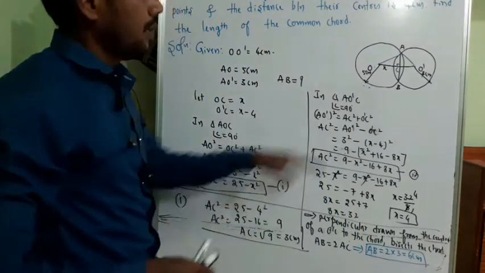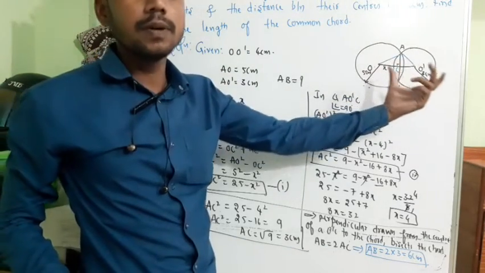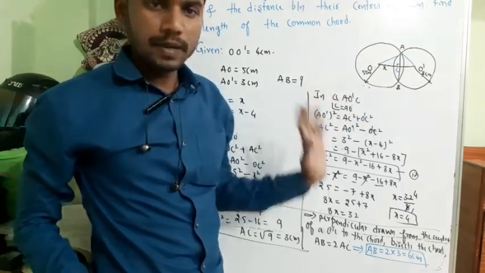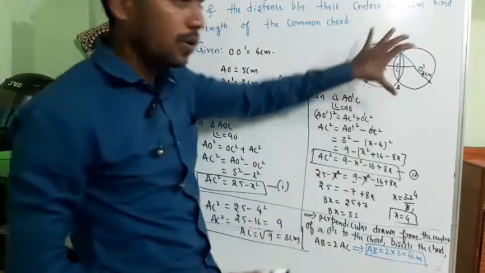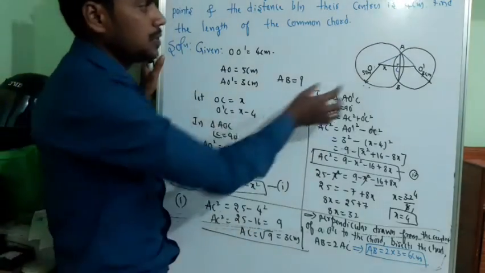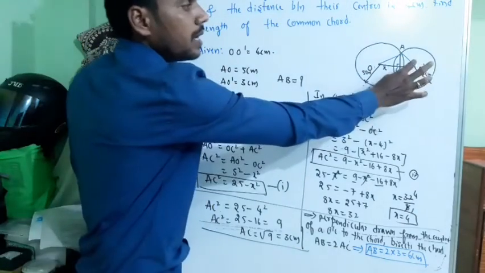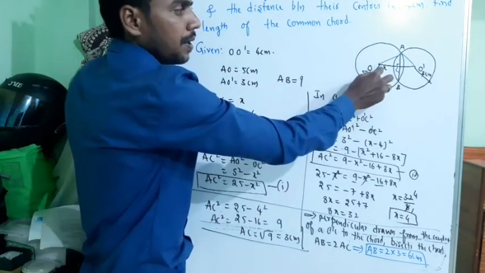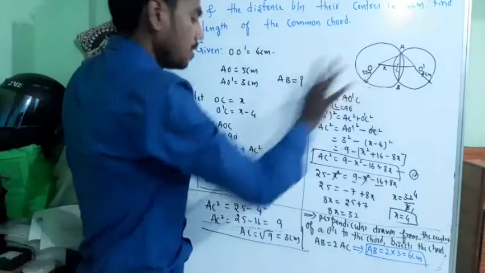What we did: they had given the two circles and the distance between the two centers had been given to us. The two circles are intersecting at 2 points, and using that, we assume the distance OC as x, then O dash C will become x minus 4, and OC is perpendicular to AB, so angle C is equal to 90 degree.